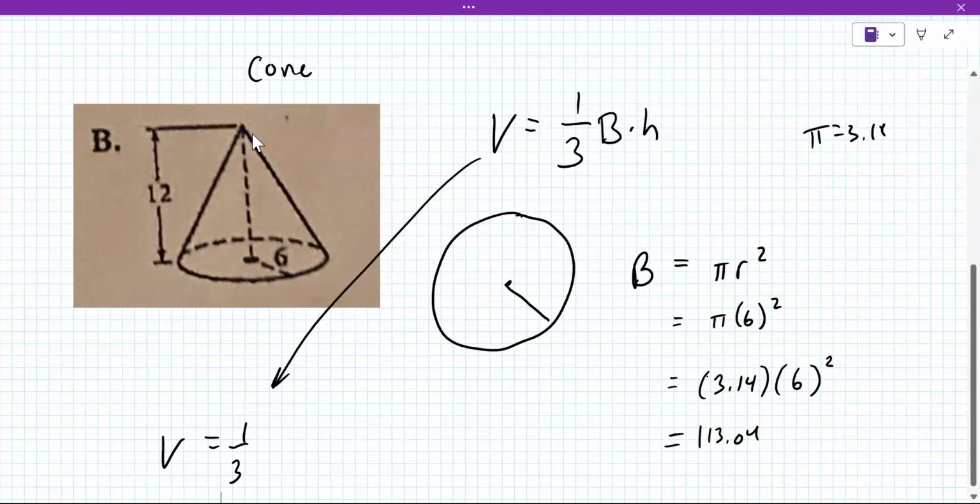The height of the cone. What is the height of the cone? 12. Okay, so that's one third, 113.04 times 12. Will you calculate that for us, please?